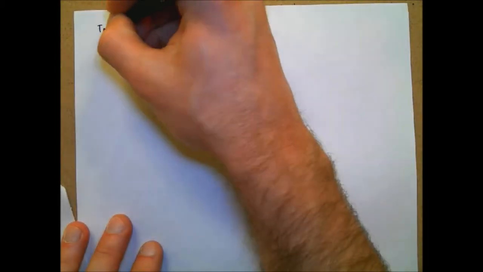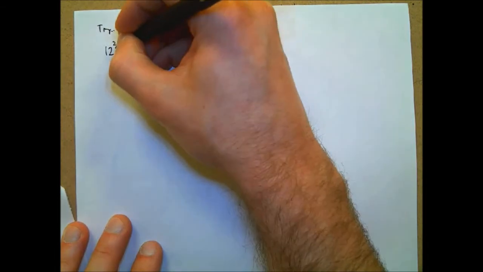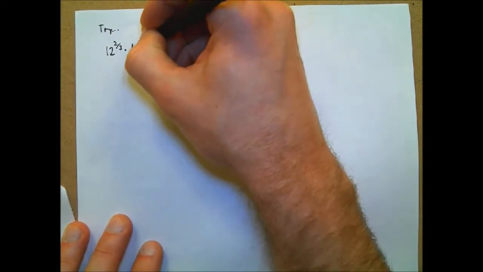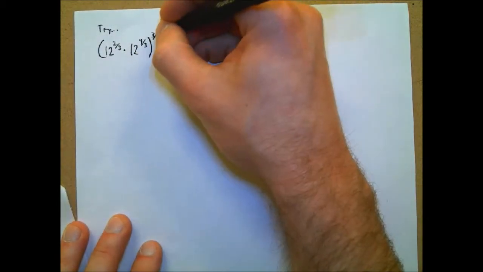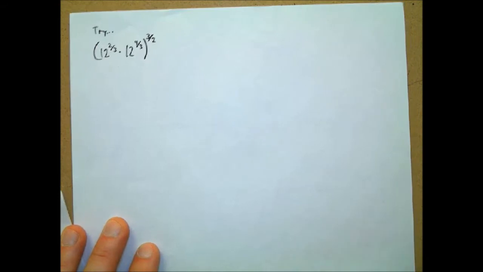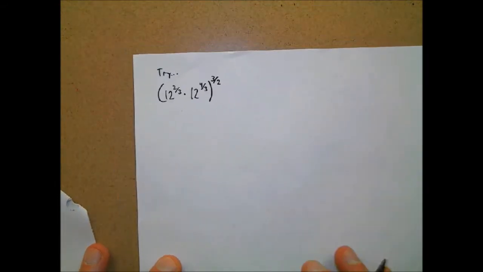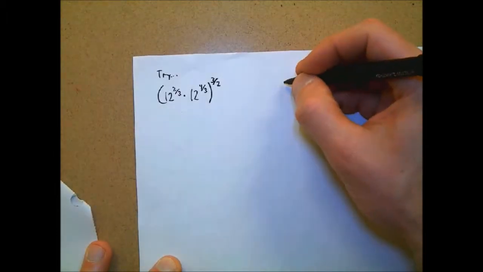All right, here, try these. So that's 12 to the 2/3 times 12 to the 4/3, all to the 3/2. And then I'll give you this one too, so I can fit it on there.